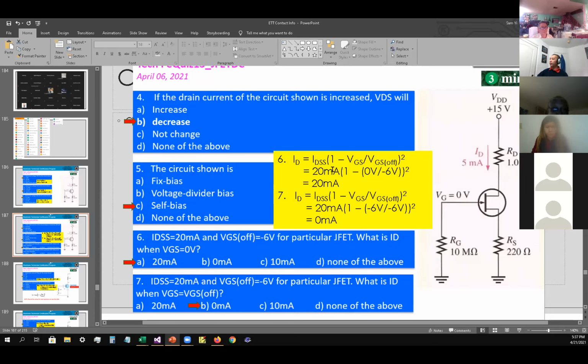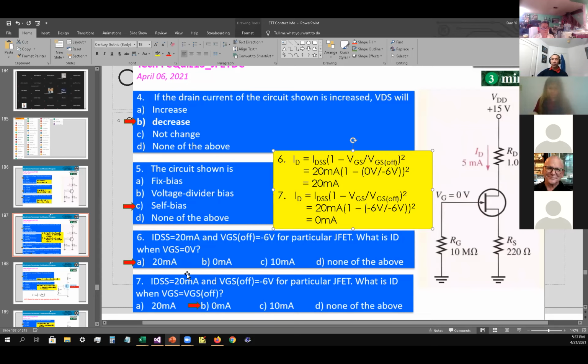ID is equal to IDSS times the quantity 1 minus VGS divided by VGS off, squared. So 20 milliamps times 1 minus 0 volts divided by negative 6. That gives you about 20 milliamps. So the answer is A on number 6.